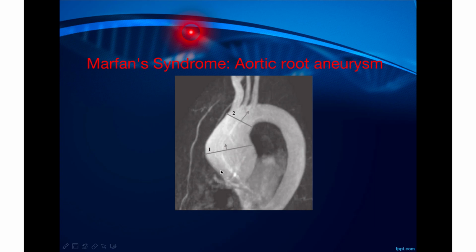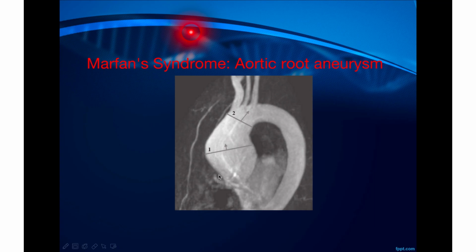Here we could see the very prominent bulge in the root of the aorta, and we can also note that the first few branches of blood vessels here are going to be the coronary arteries. So this can be a very big problem for patients with Marfan's syndrome, having that bulge at their aortic root.